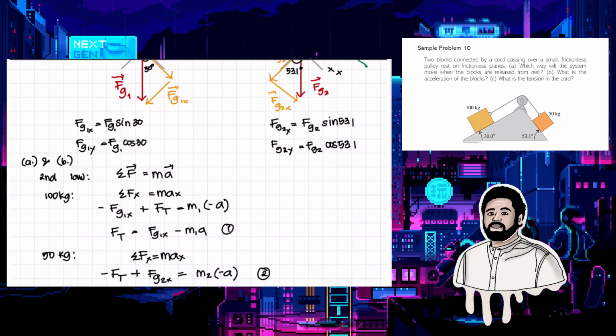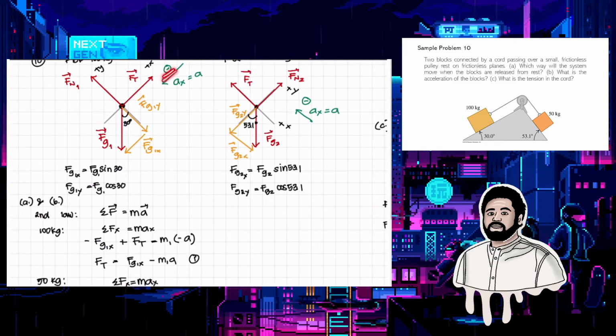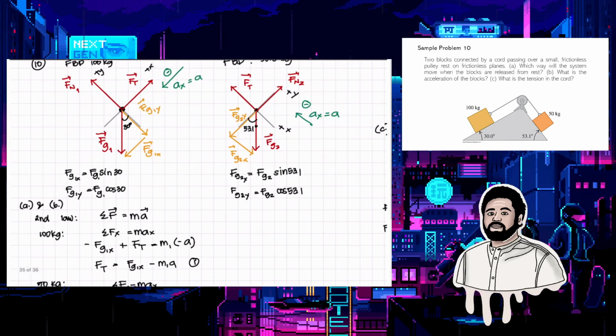Wherein for this one, my AX is negative. So I have negative FG1X, positive tension Ft, and then equal to M1 times the negative of A. Okay? So Ft is equal to Fg1x minus M1A.